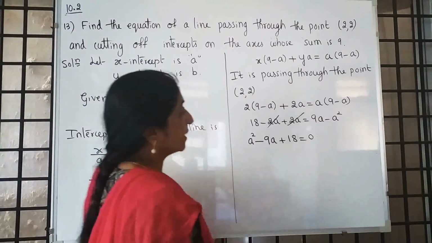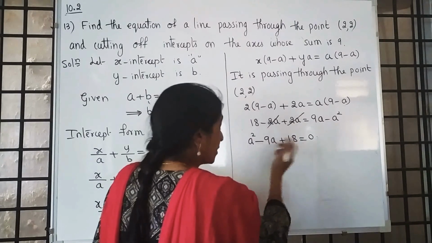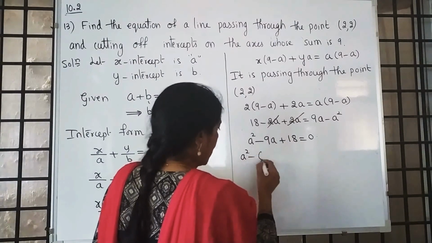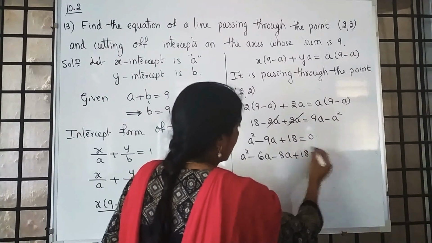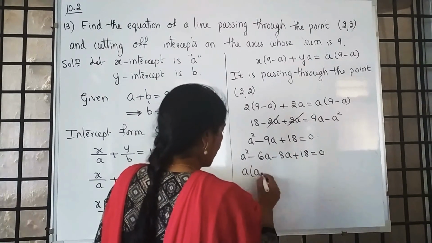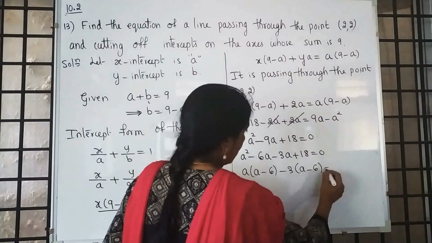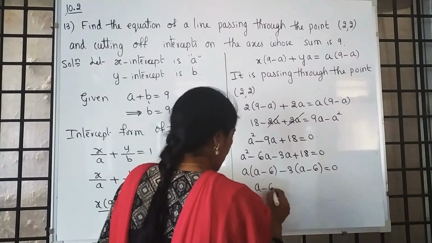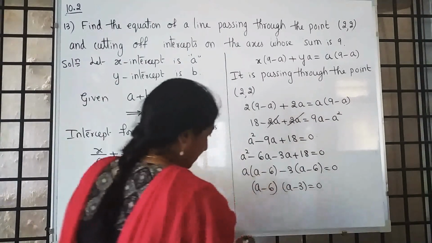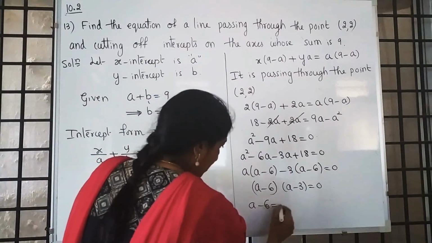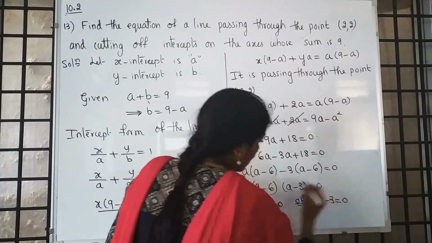So we have to split the number such that the multiplication is 18, addition is minus 9. a square minus 6a minus 3a plus 18 is 0. a common, a minus 6, minus 3 common, a minus 6 is equal to 0. Now a minus 6 common, a minus 3 is remaining. a minus 6 is equal to 0 or a minus 3 is equal to 0.